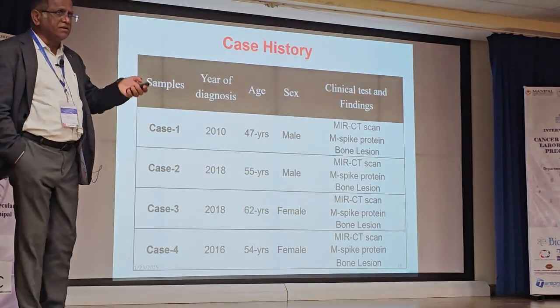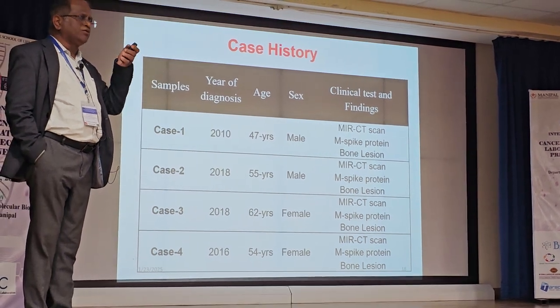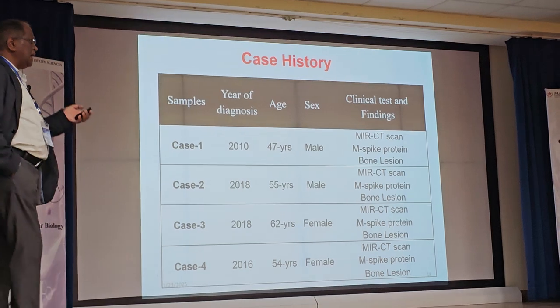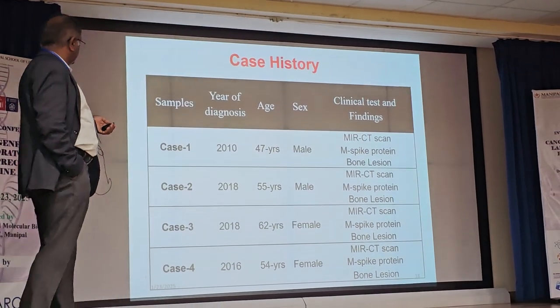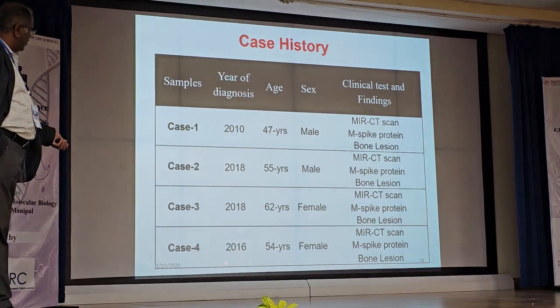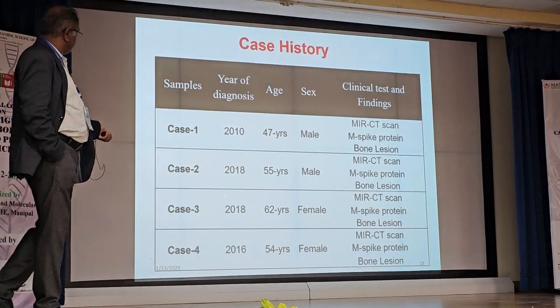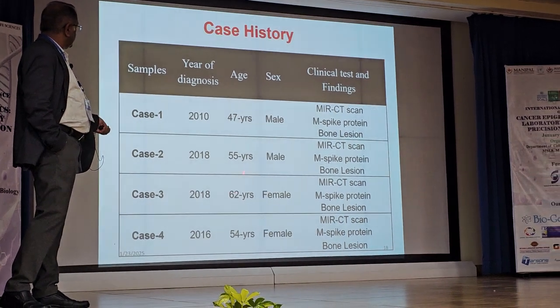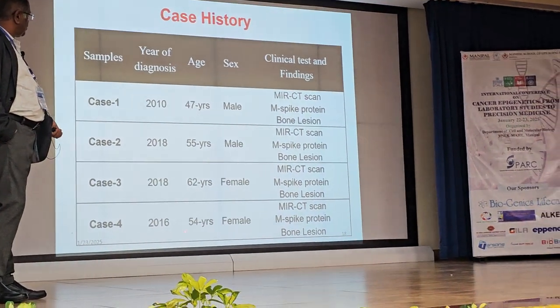The sample size, I know, is small to start with, but we started with a very systematic analysis of these 4 cases. The 4 cases were diagnosed in 2010, 2018 and 2016, and the age is from 47 to 62, with 2 males and 2 females who fit into the inclusion-exclusion criteria.